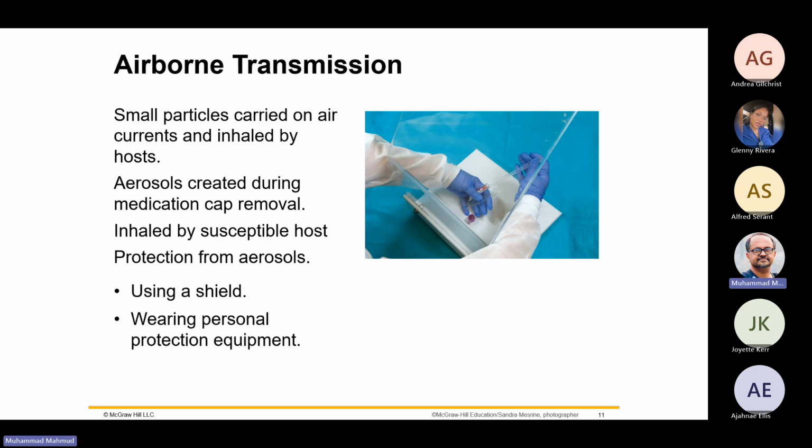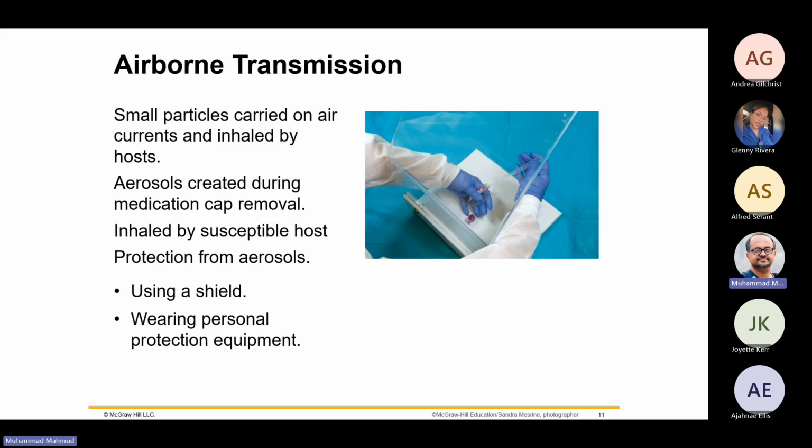Small particles carried on air currents or inhaled by the host, that's airborne transmission. It is different from droplet transmission in that the particles that contain the pathogens are airborne and may be widely dispersed on air currents before reaching the susceptible host.